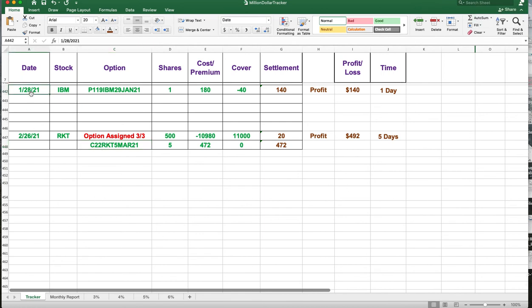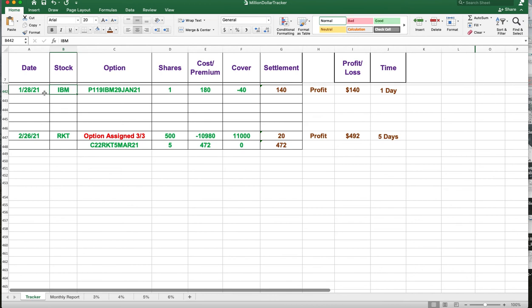On this date here, we didn't purchase this stock because remember, it's a put option. We sold to open a put option. Now when you see this, even though you have a symbol here of RKT, you got to have a stock. Remember, it's a derivative. So we have to have a stock that it's against.